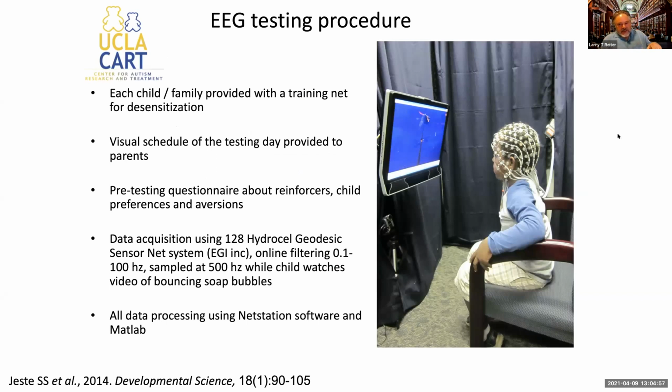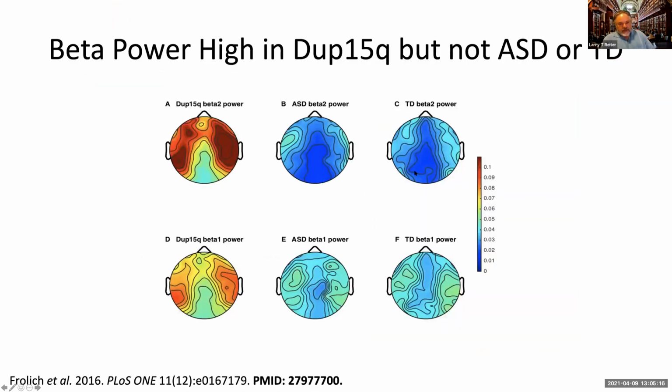So this is a kid undergoing the study. They wear these hairnets with all these tiny little electrodes. So this is not a clinical EEG. This is a really high resolution EEG. They have to do this for a study, and it's not really a typical thing that they do. And then the output looks like this.